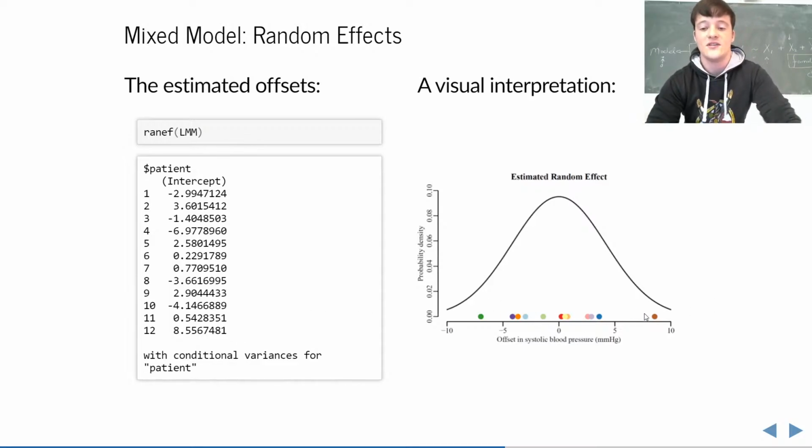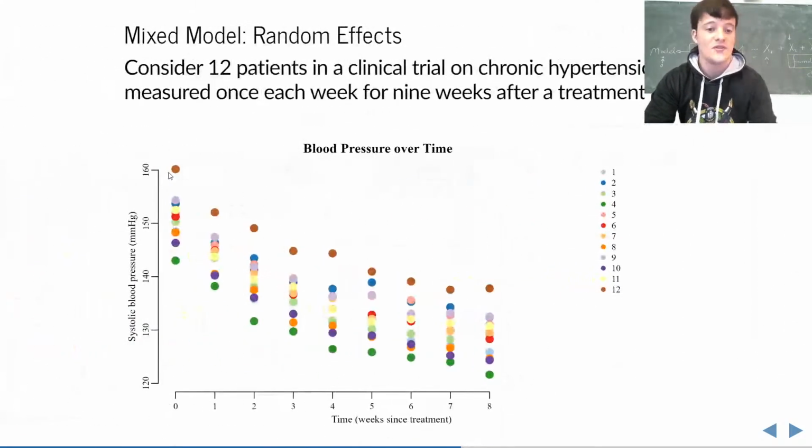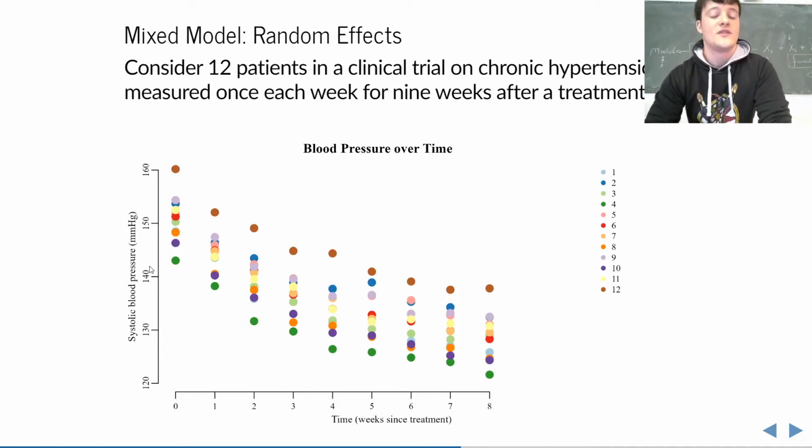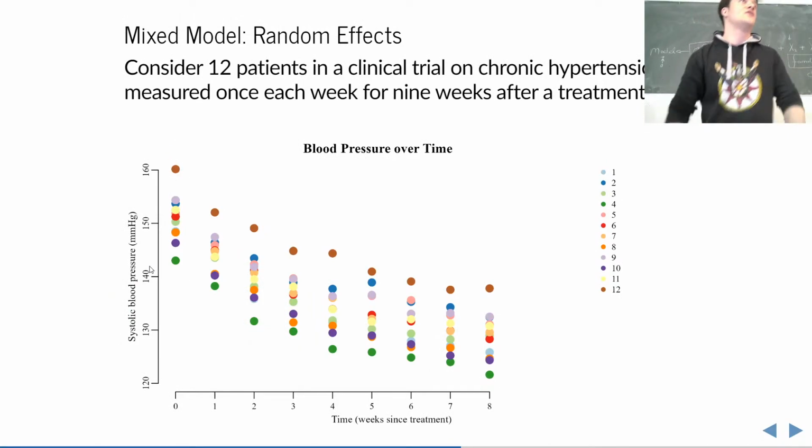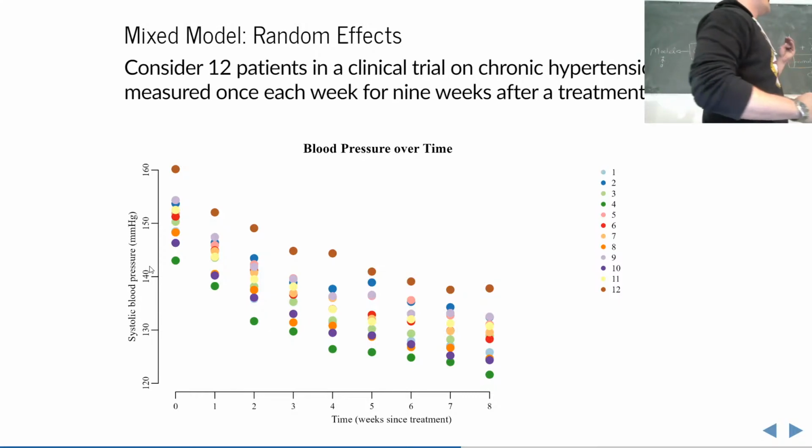Now, what are these distances? That's what we see over here. But the cool thing about a mixed model is that people who perhaps don't know about mixed models just calculate the value at baseline and subtract it from their measurements. Very inefficient. I don't recommend it.